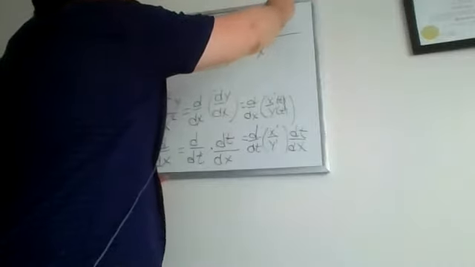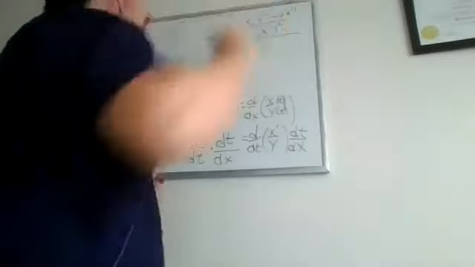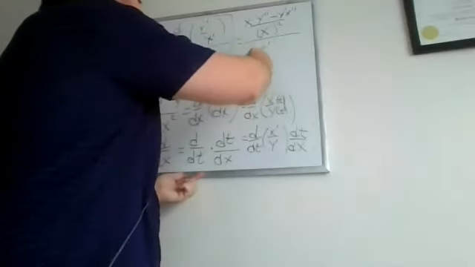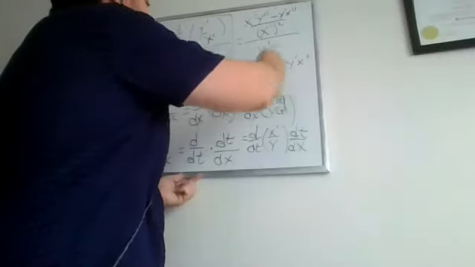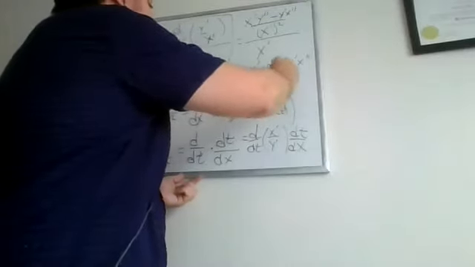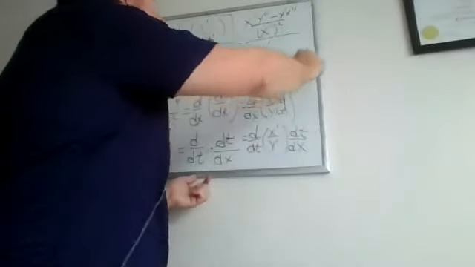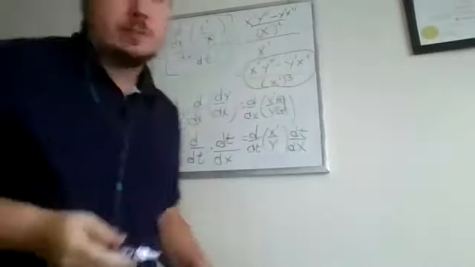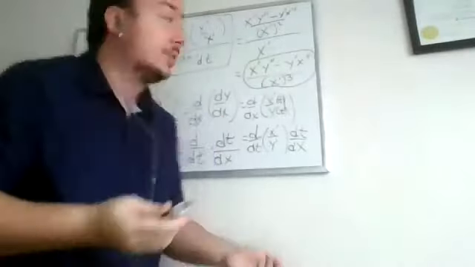And then I subtract where I leave the top alone, and take the derivative of the bottom, giving us an x double prime. And then finally, to simplify this fraction, I'm dividing this fraction by another x prime, so we can simplify this down to x prime cubed on the bottom. So essentially, this is like the quotient rule of our first answer with an extra x prime at the bottom. That's the way I remember this.